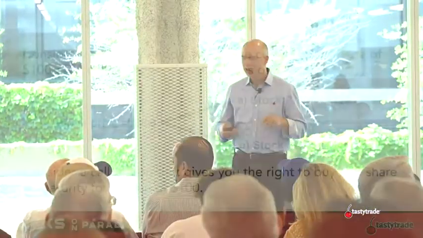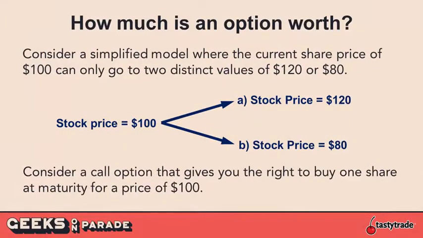And in that toy world, interest rates do not exist, so time value of money does not matter. Imagine that stock can only go to two places, 120 and down to 80. So really a binary kind of world. Nothing in between.